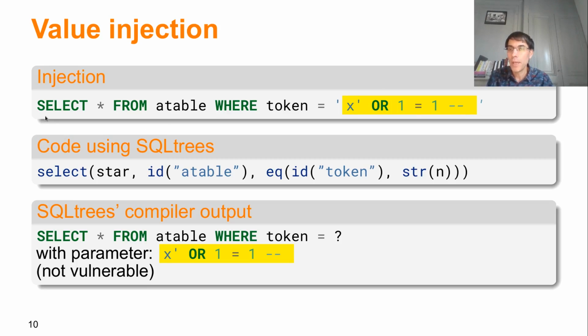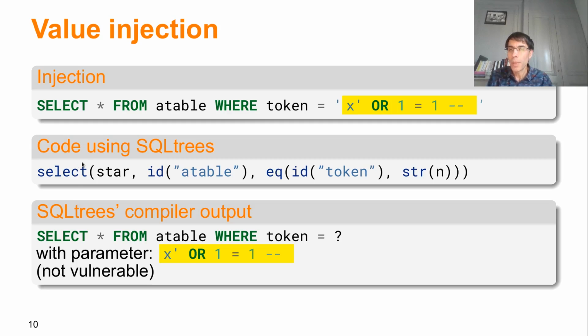If we want to write this kind of query in SQL trees, what you would write is select of star and of ID of a table and of the where clause eq of the identifier token and the string literal n being a Java variable which is of class String.